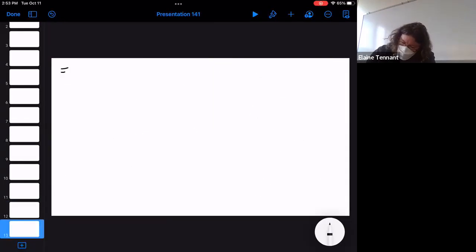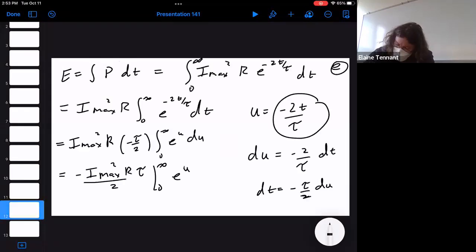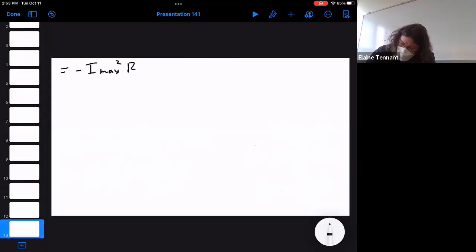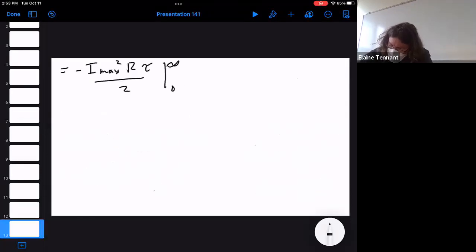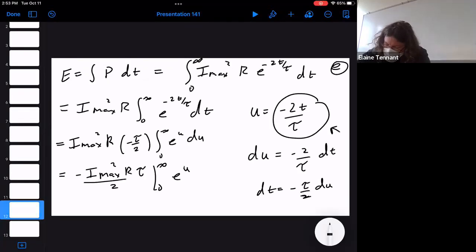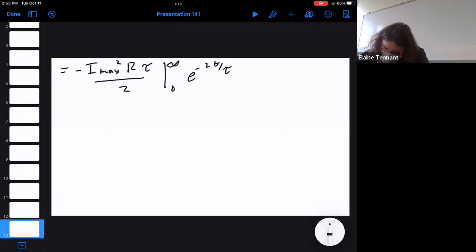So I have negative Imax squared times R times tau over 2, 0 to infinity, e to the negative 2t over tau. Imax squared R tau over 2. I think I got everything. Okay. Hopefully it's about to come together.